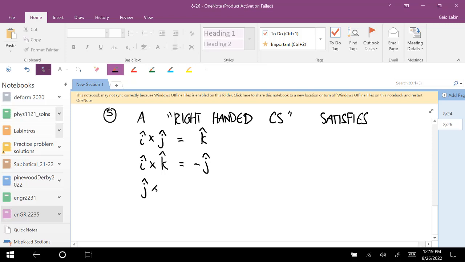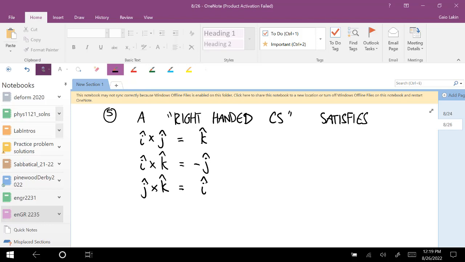And then the y-axis crossed with the z-axis is the x-axis. If those aren't satisfied, then all the math we're doing is going to screw up in the coordinate system you're using. It's not an allowable coordinate system.